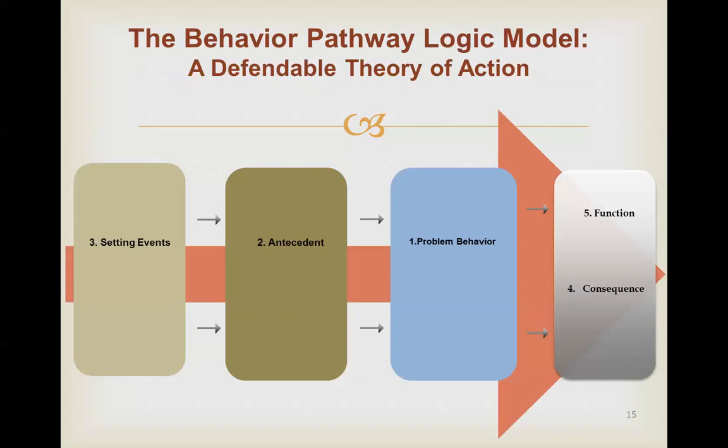Right, so this is the basic behavioral pathway, the logic model. It is an articulation of behavioral theory, and it is the approach to understanding behavior that applied behavior analysts rely on. Right, we're concerned with problem behavior, the environmental conditions that give rise to that behavior, the consequences in the environment that occur as a result of that behavior, and the function that those consequences serve.